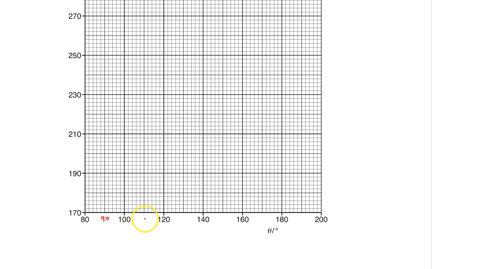This is 110, this is 130, this is 150, 170, 190, this is 70, this is 90, then there is 180 here, this is 200 right there, this one is 220.